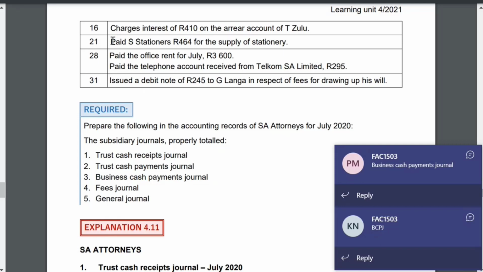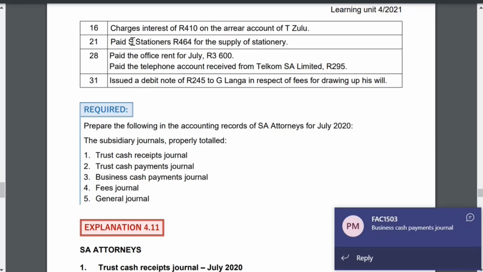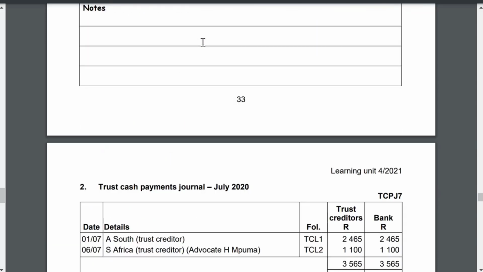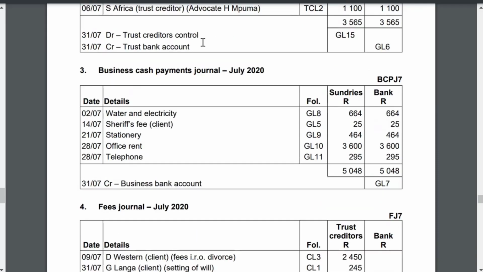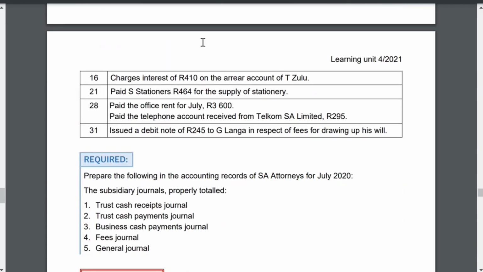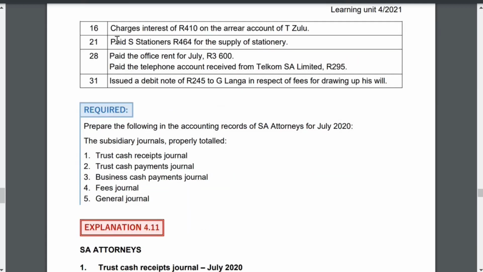SA Attorneys paid SA Stationers 464 for the supply of stationery, and this will go to your business cash payment journal. This is correct because this is a cost of running the business.